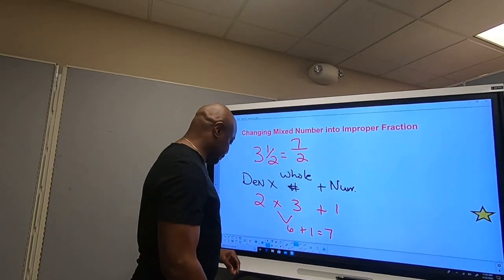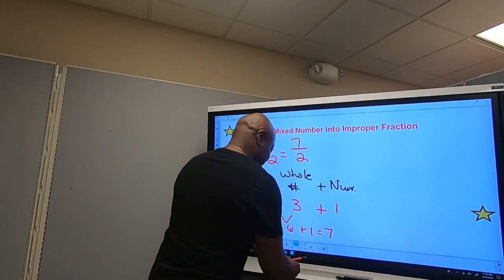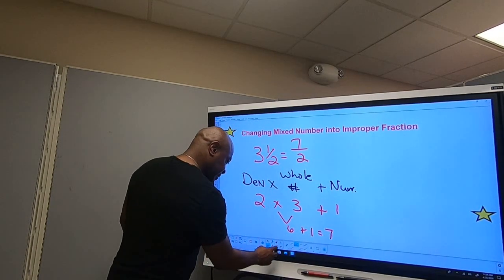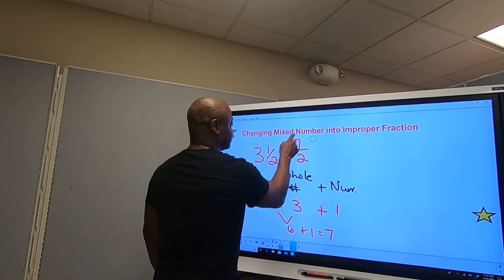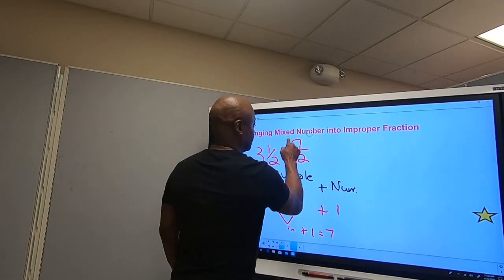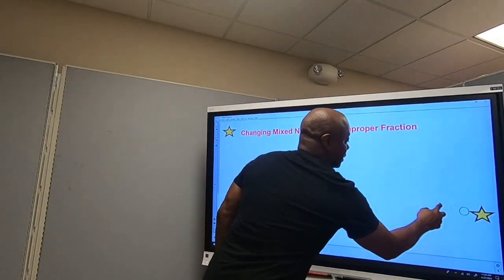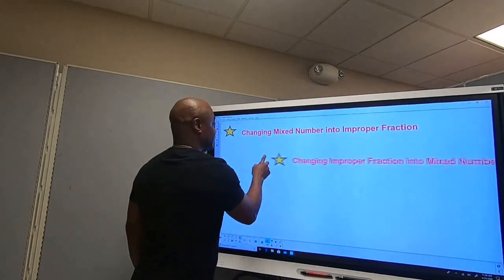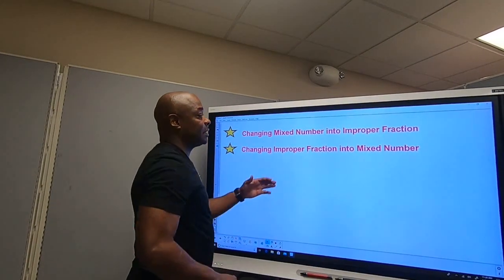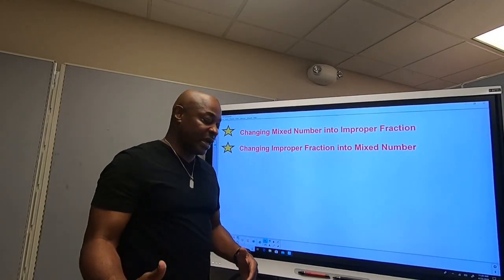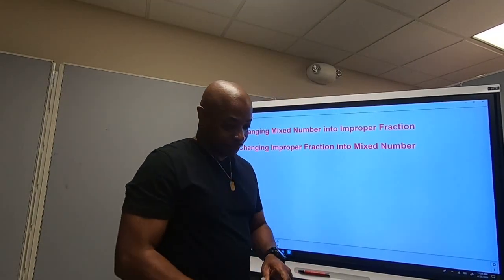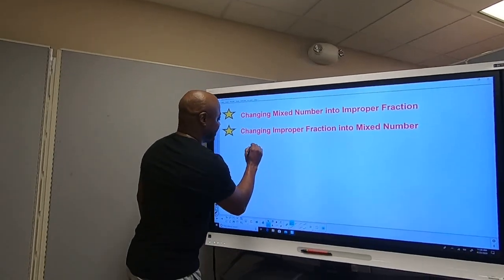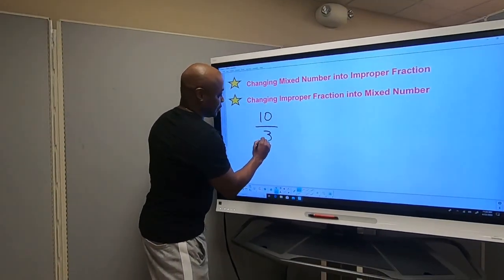Okay, so now we're going to do the same thing, changing an improper fraction to a mixed number. So now we have 10 thirds.